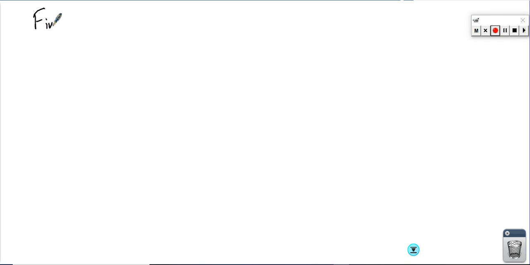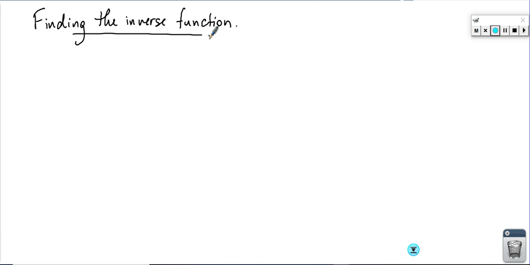finding the inverse function. To find the inverse function, we need to know what a function is. Please always remember that we have an input, a process, and an output. I'm going to show you two methods.